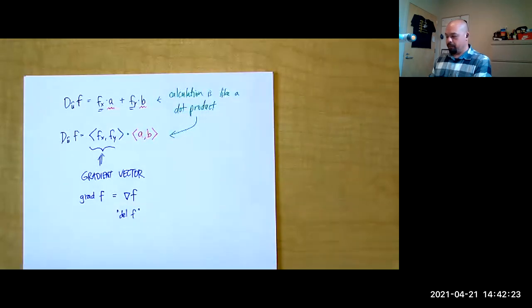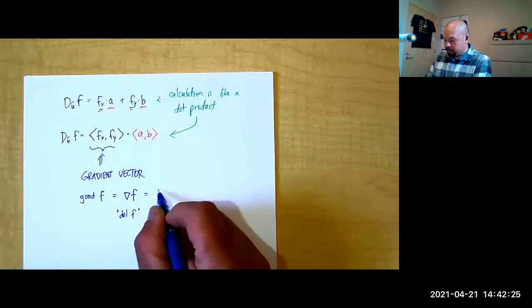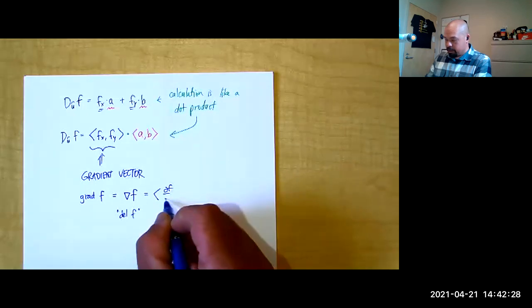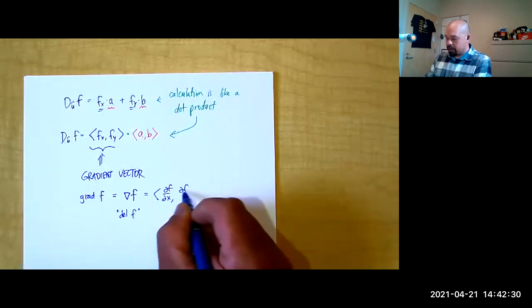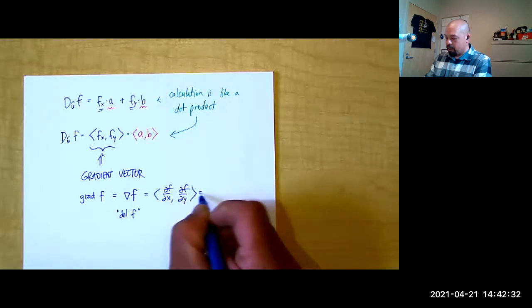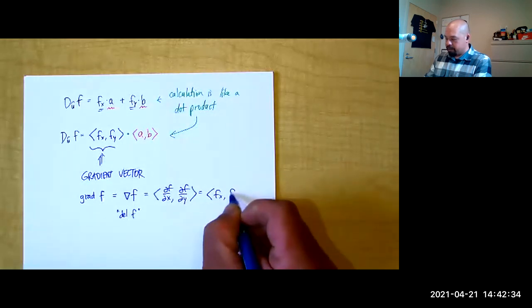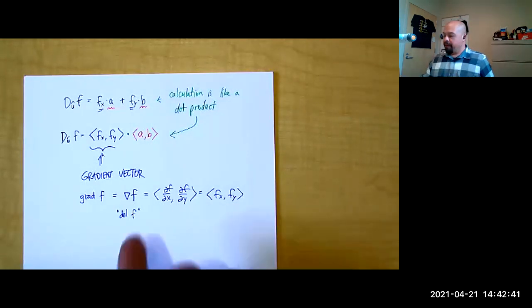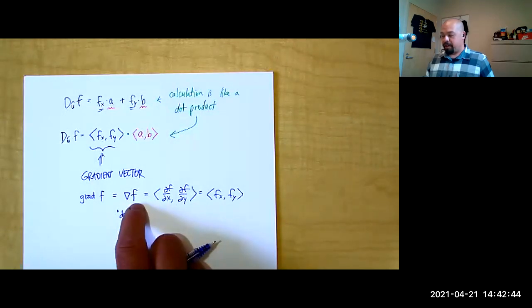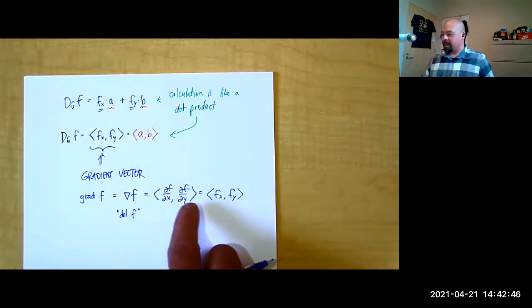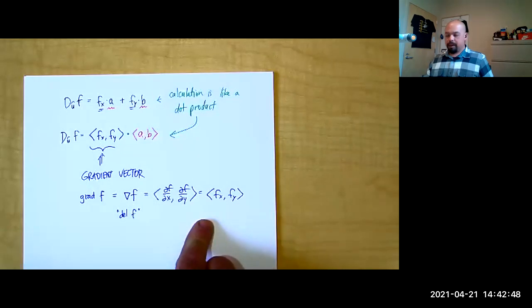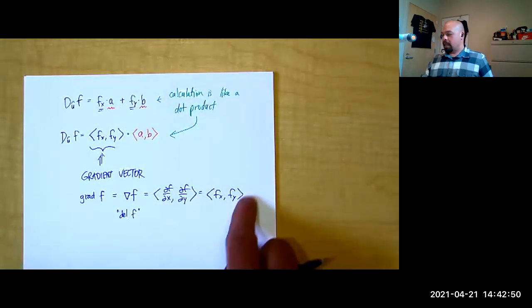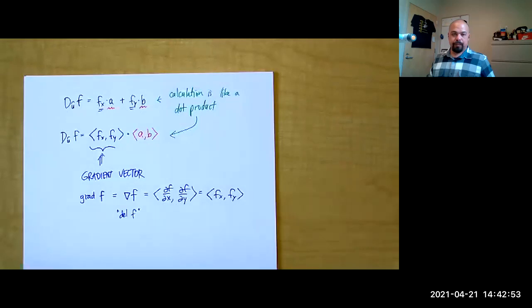Okay. But the gradient of f, del f, right, that symbol, is exactly equal to our partial of f with respect to x, partial of f with respect to y, or in our subscript notation, f sub x, f sub y. And that can be expanded to more dimensions as well. If we have a function f of x, y, and z, then we include another component, the partial of f with respect to z, and so on. Okay.